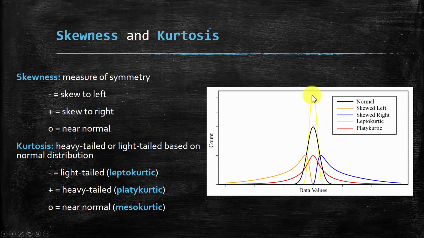Note that the central tendency is roughly the same, it's just the variability that is different. This black curve represents a normal distribution, and this red curve represents what we call a platykurtic distribution, so it's more variable or more heavy-tailed than a normal distribution. And again, there are statistical measures for kurtosis as well as skewness.